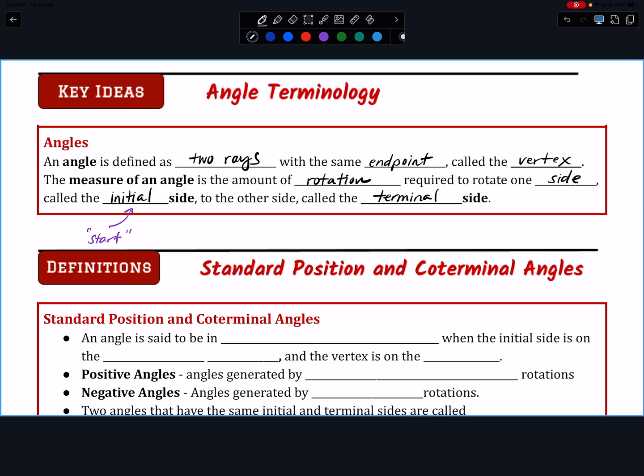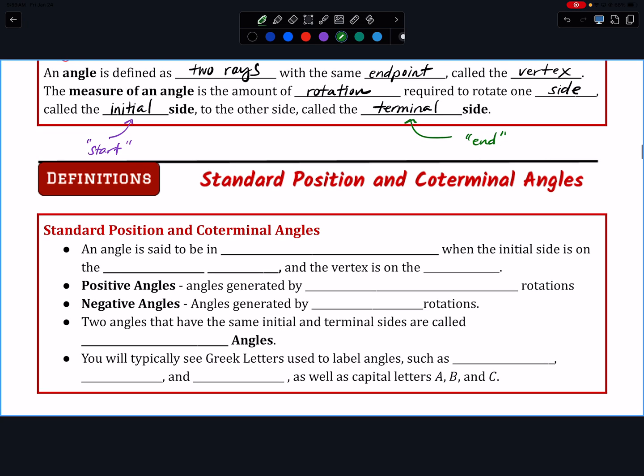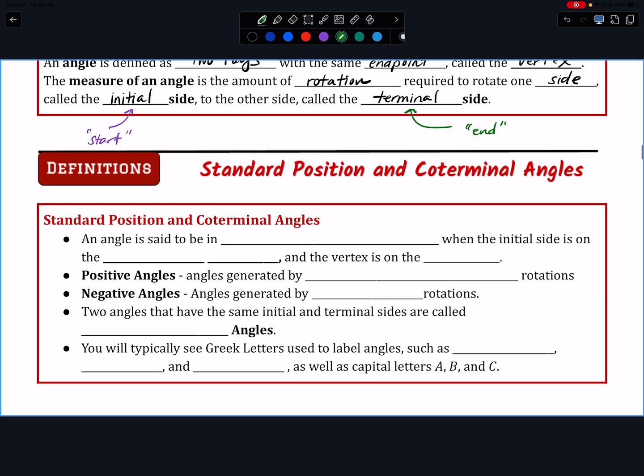So when something terminates, it's when it ends.